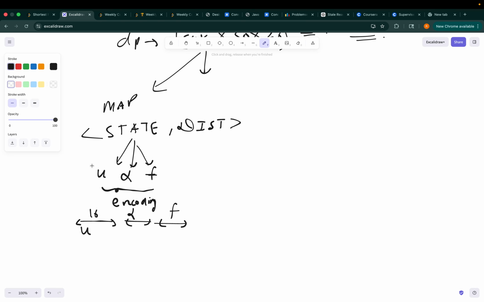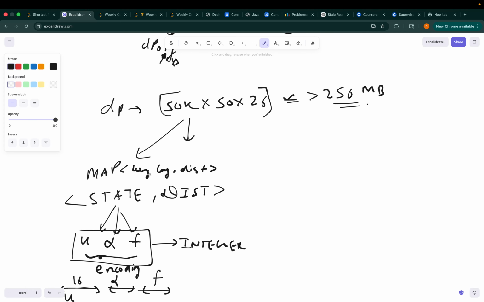So basically what I'm trying to do is encode this state into a single integer, a single long if you must, so that I can take a map of long and distance. As soon as I feed the state inside it, I get the distance out of it. Same thing the DP was doing, but it insisted on taking these 3 states always.